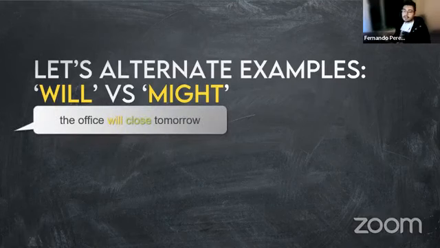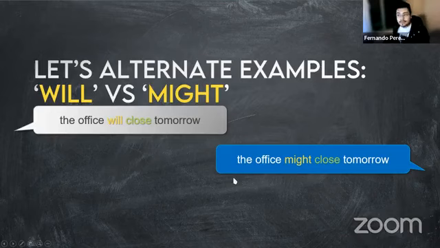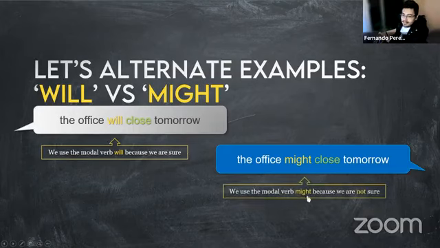The office will close tomorrow. This is a promise. The office might close tomorrow. I am not sure. In the first idea, the modal verb is indicating that we are sure. In the second idea, might indicates we are not.